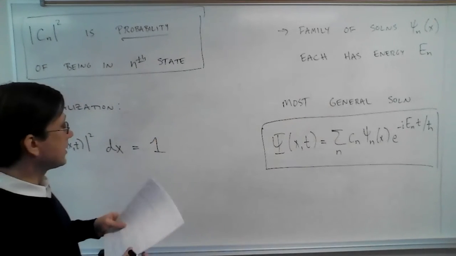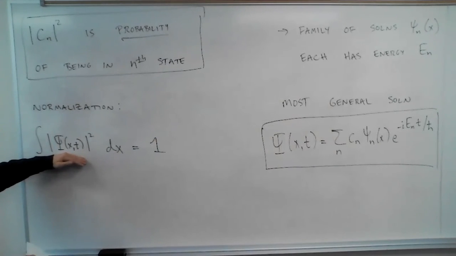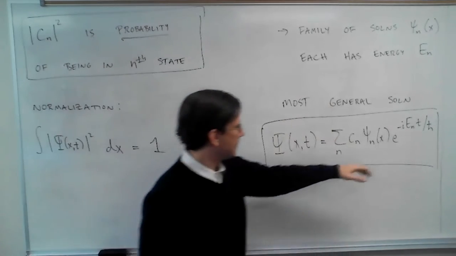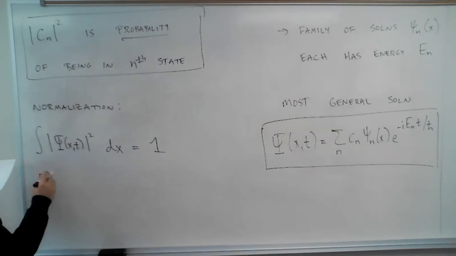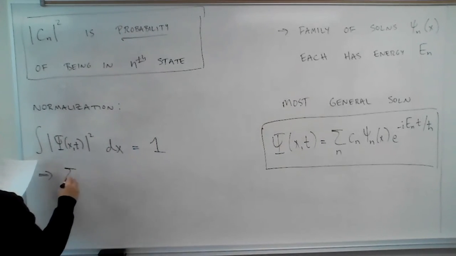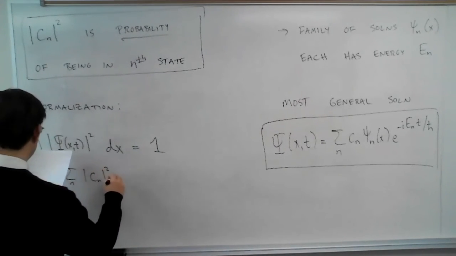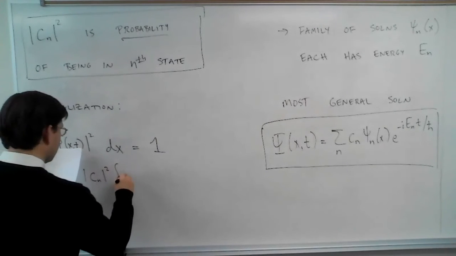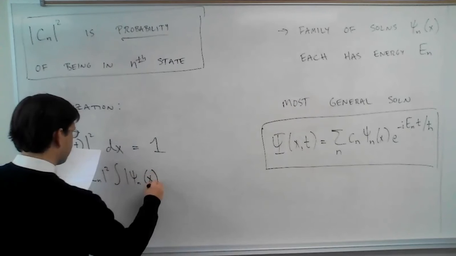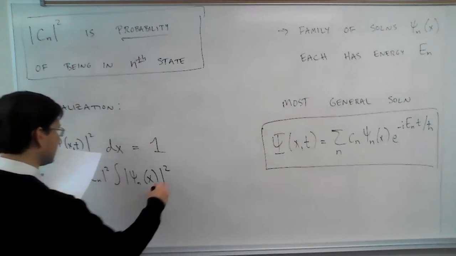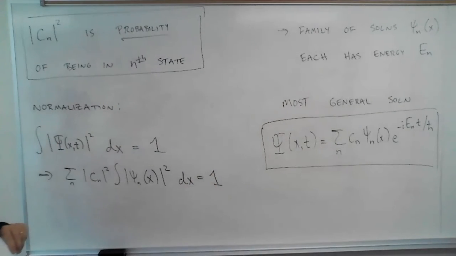So what we can do is take our full expression for capital psi of x and t and substitute in this version of it, and what this gives us is that the sum over n of the magnitude of c sub n squared times the integral of the magnitude of little psi sub n of x, squared, dx, is equal to 1.